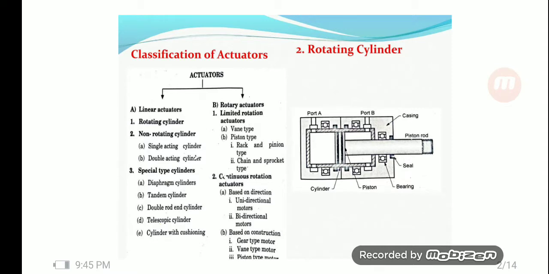So the piston moves in the forward direction, while the fluid already present in the other part is removed from port B, which acts as an outlet. When we want the reverse motion, we connect port B to the input, so the piston moves back.